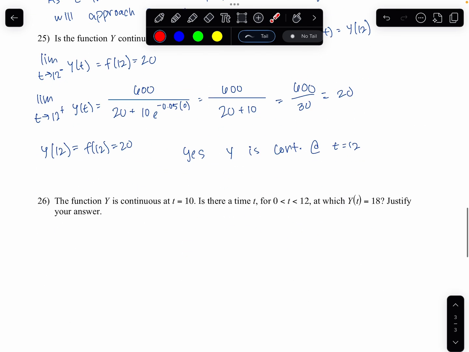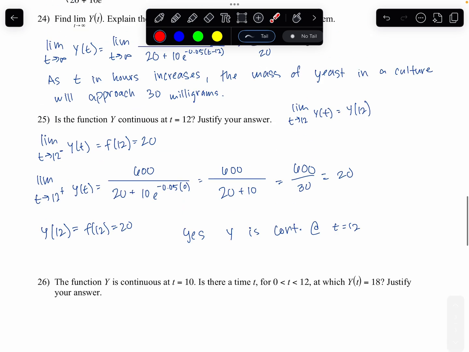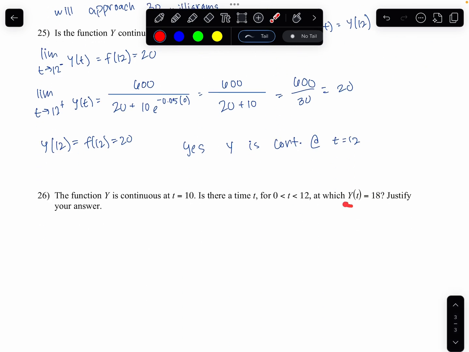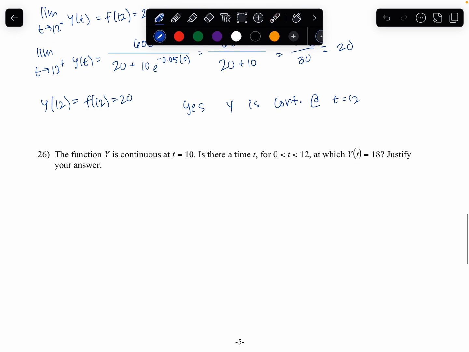Okay. Is there a time t in the interval from 0 to 12 at which y of t is equal to 18? It sounds like they want us to use the intermediate value theorem. On this interval, let's find the y values.